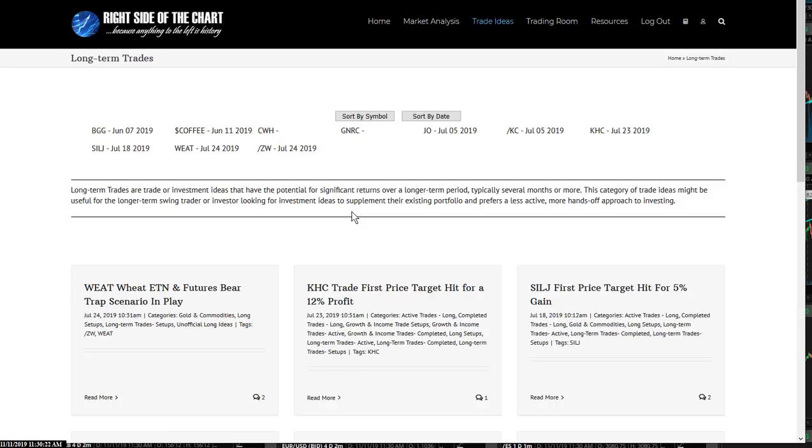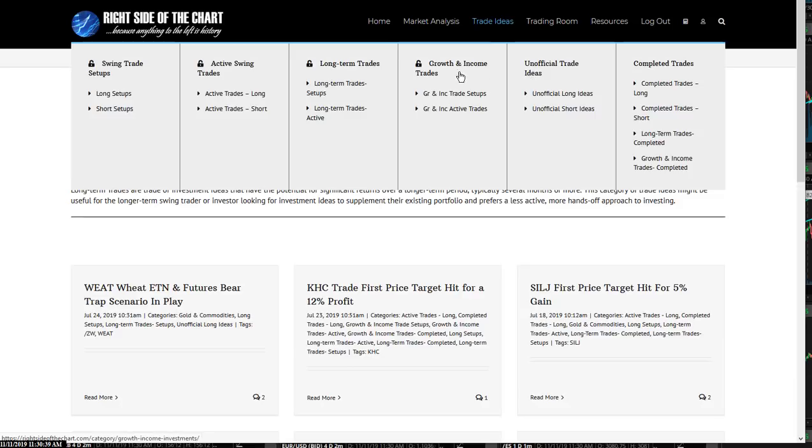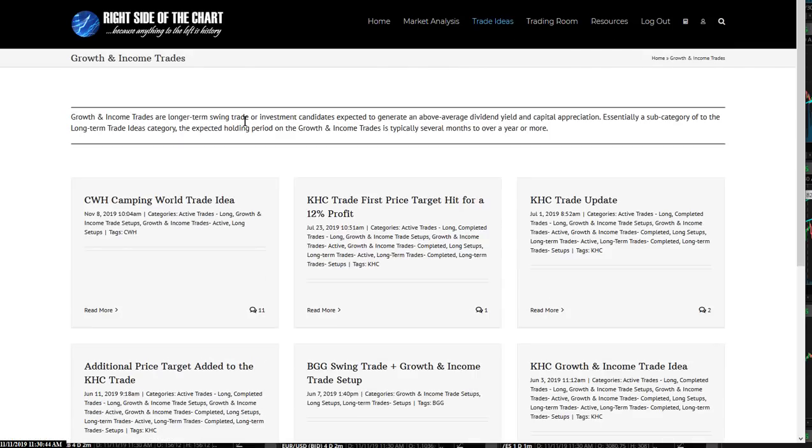Swing trades are typically measured in days to weeks, sometimes a few months, whereas long-term trades, you can also call that a trend trade, are for longer-term swing or trend traders or investors looking for investment ideas. Within there I also have a subcategory. It's really also in that long-term trade category, but these are called growth and income trades, like Camping World, for example, which pays, if I recall, about a 3% or so dividend yield.